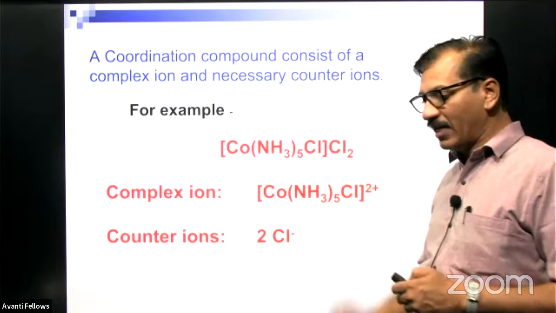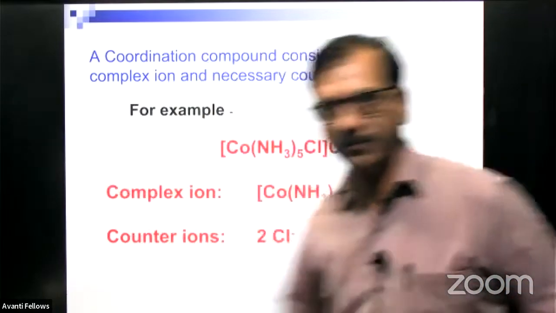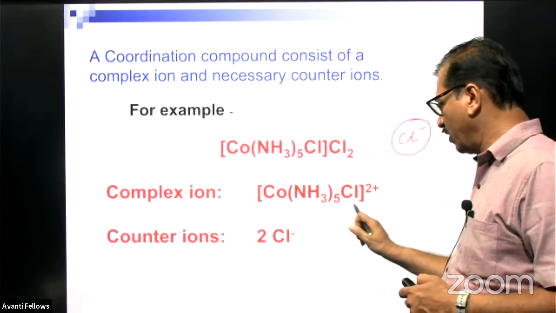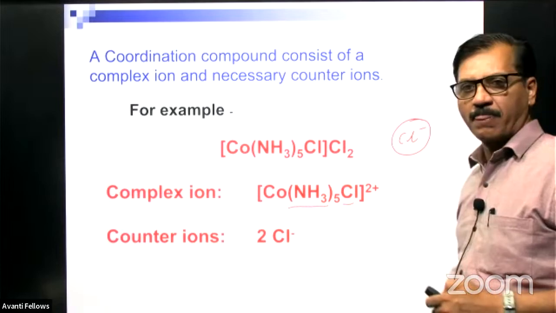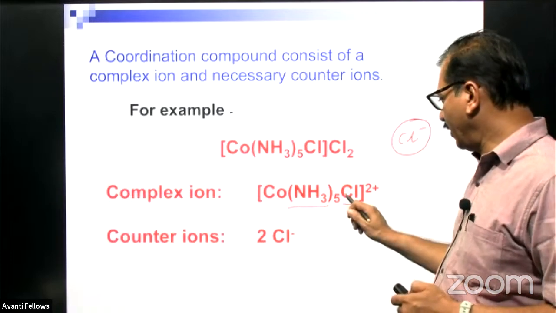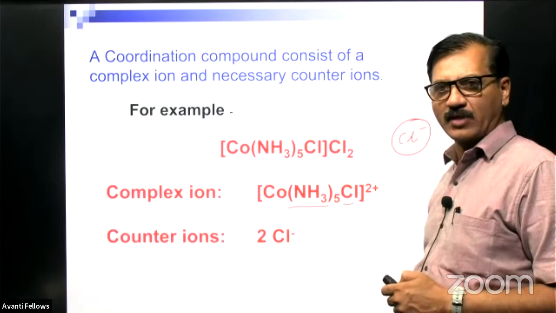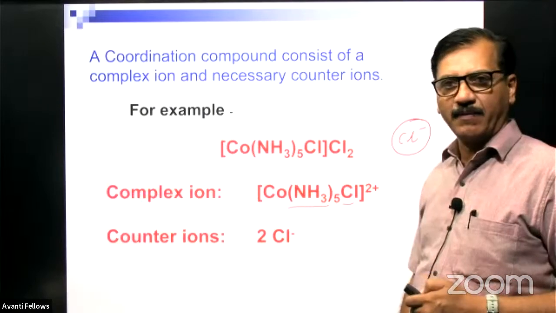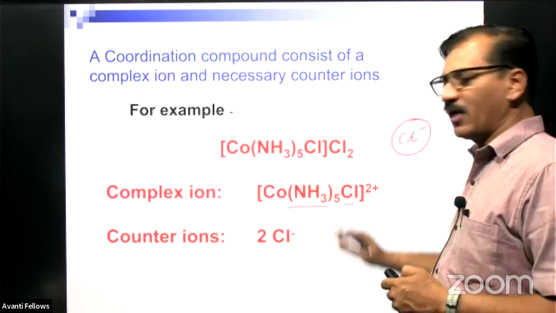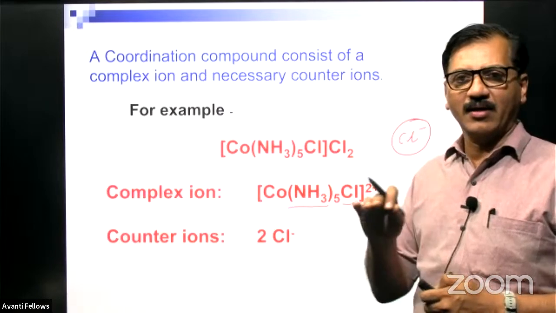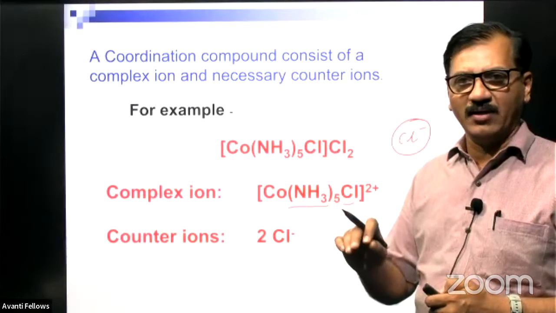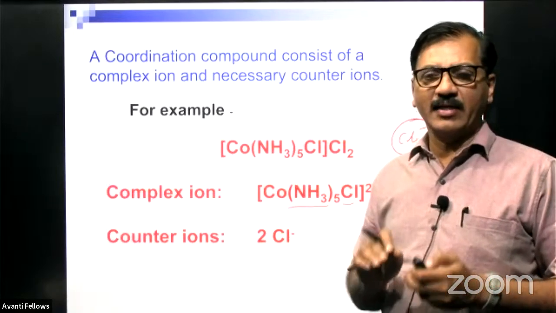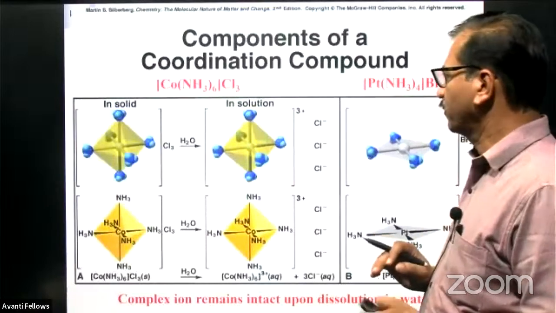One is the chloride ligand, which is not neutral, so Cl minus is a ligand here. Then five ammonia, which is a neutral ligand. Chloride is a negatively charged species acting as a ligand. Since there is more than one type of ligand, it is a heteroleptic complex. If there is only one kind of ligand, then it is a homoleptic complex.